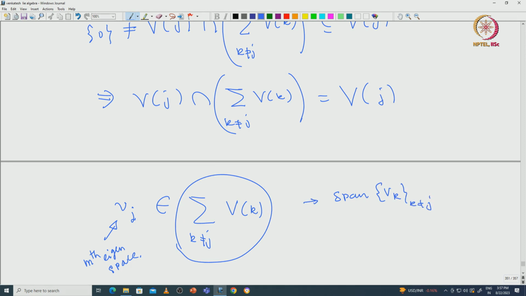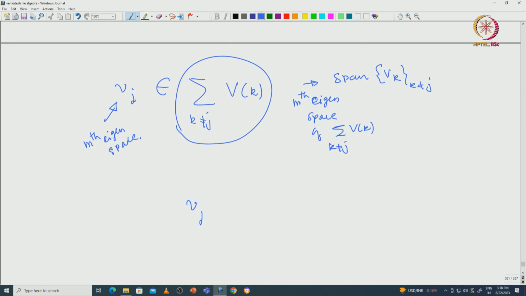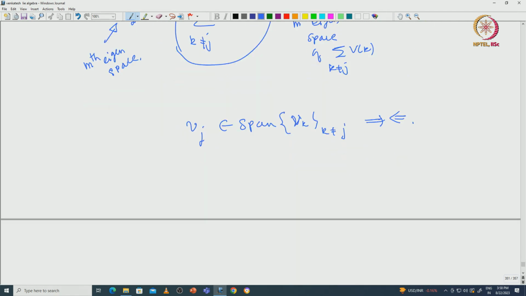So that forces this v j to be in the span of small v k, k not equal to j. Okay. But that is a contradiction, because by choice v 1, v 2, etcetera, v r are all linearly independent eigenvectors of that kernel X. Okay. So that says that the sum that we have is actually a direct sum.